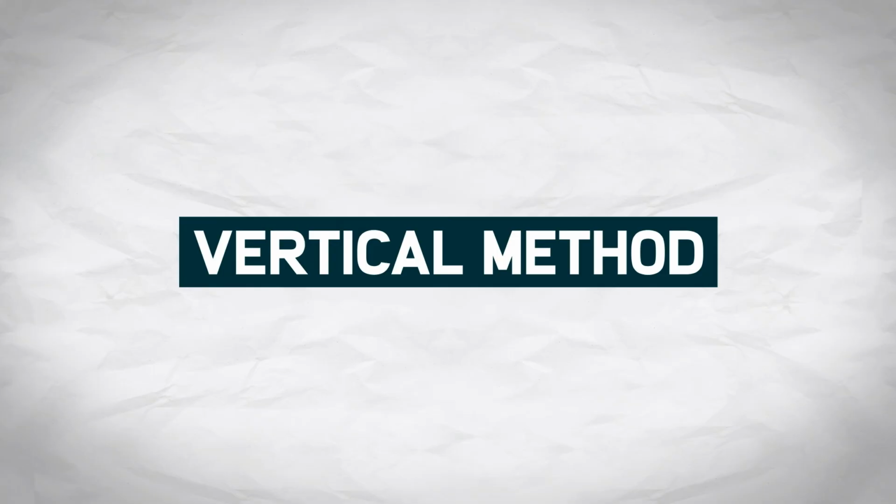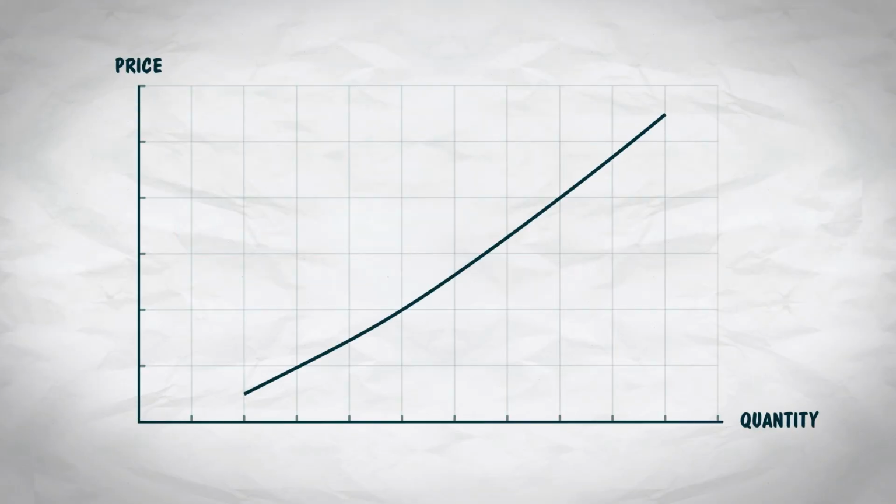The second way of reading the supply curve, the vertical method, begins at the bottom and works its way up. First, we pick a quantity along the horizontal axis, say 25 million barrels of oil. And we ask, what is the lowest amount that suppliers must be paid to produce that quantity?